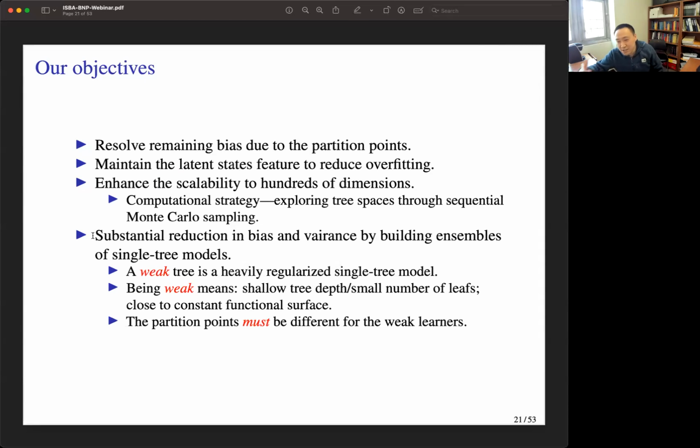And then the next question is, we know that in supervised problems, single tree models are much worse predictive models, in terms of predictive performance, than tree ensembles.